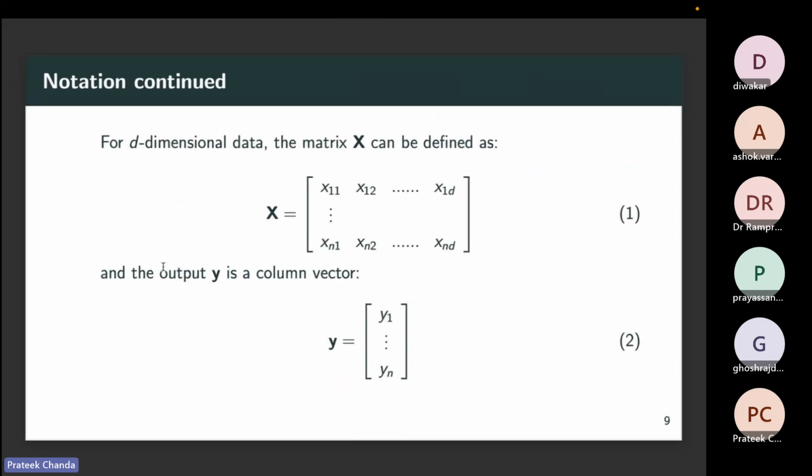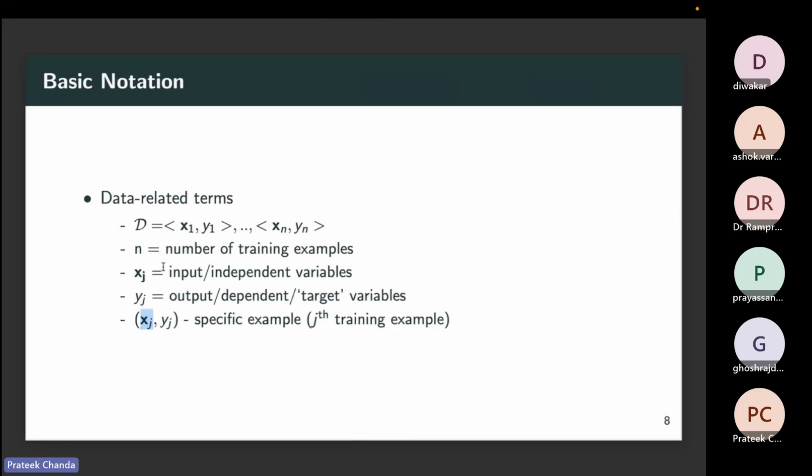For d-dimensional data, each of my input variables xj has dimension d.